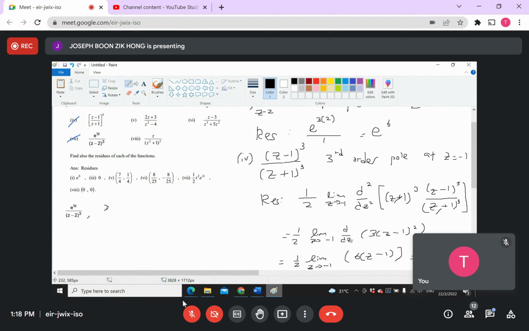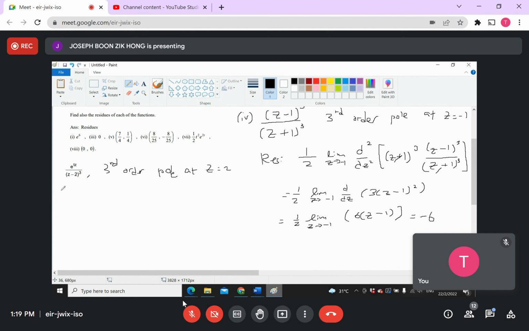Again, this is a third order pole at z equal to 2. Okay, so again, this is the third order, so I have to use the same formula as before.